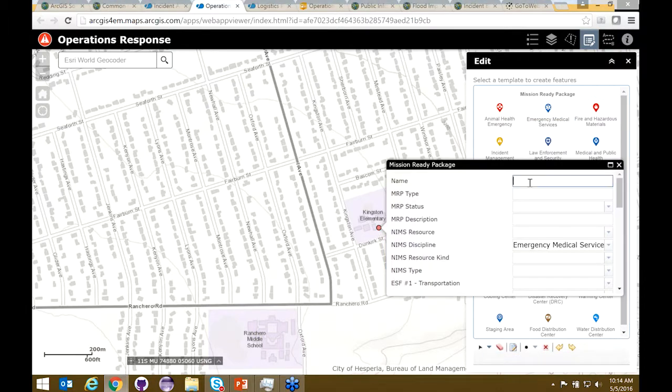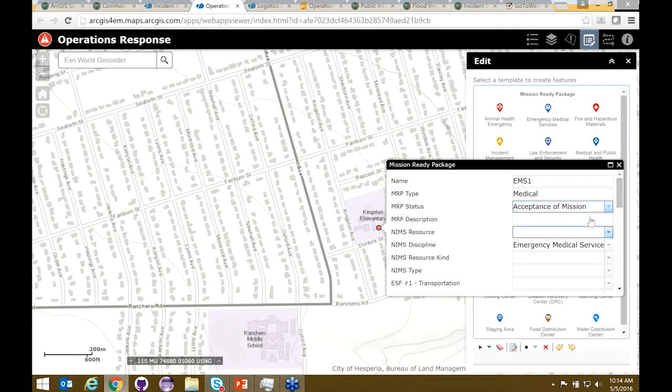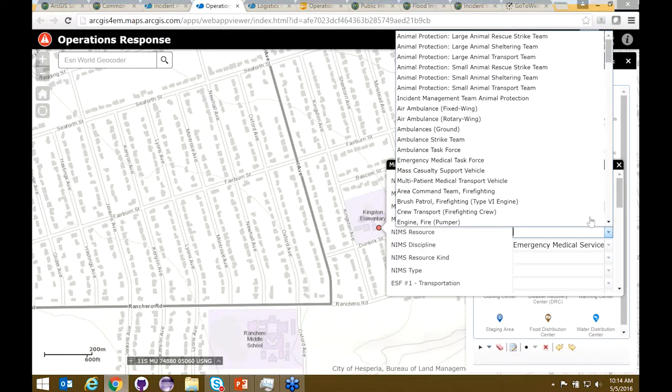What I need to now do is populate this with information to indicate not only what type of mission-ready package it is, but what's the status of the mission-ready package. We'll say it's acceptance of the mission. The NIMS resource is medical public health.